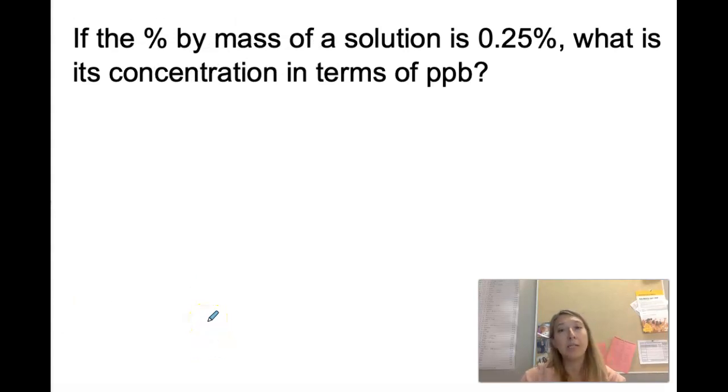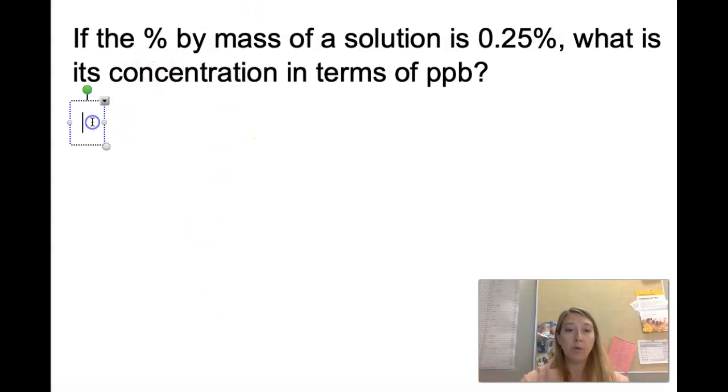So it says if the percent by mass of a solution is 0.25%, what is its concentration in terms of parts per billion? So this question actually requires you to take the two separate equations and analyze how they can go together.